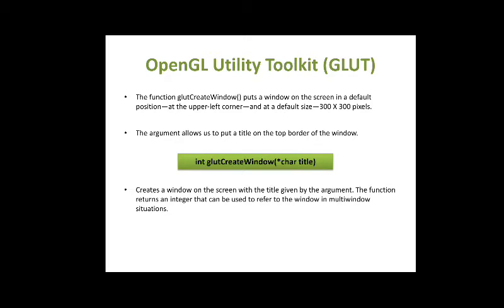The return type of that create window function is integer. Whenever I create a window on a screen with a given title, the title is given in the argument, and the function returns an integer that can be used to refer to the window in a multi-window situation. I already said that the return type of this function is integer.